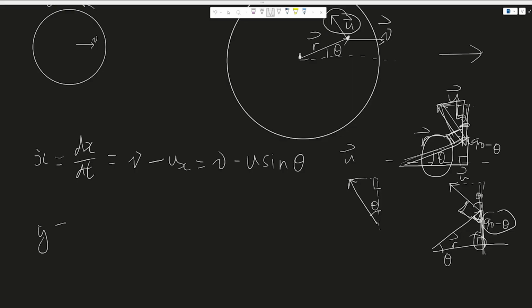And for the y direction, y dot representing dy/dt, v doesn't contribute, because the person always moves eastward and there's no y component. So we decompose u, and it would just be u cosine theta. Now we have the expressions for the velocity in the x direction and the velocity in the y direction.